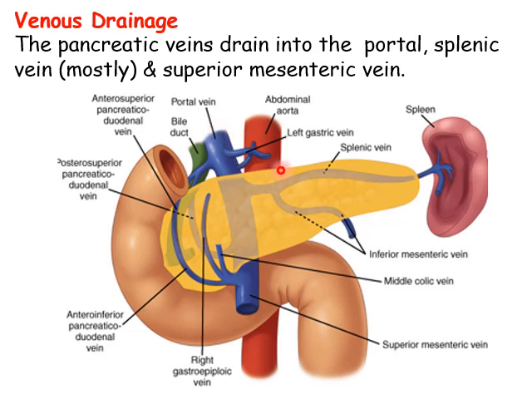So mostly the pancreatic veins drain to the splenic vein and superior mesenteric vein. But mainly it is a splenic vein here.